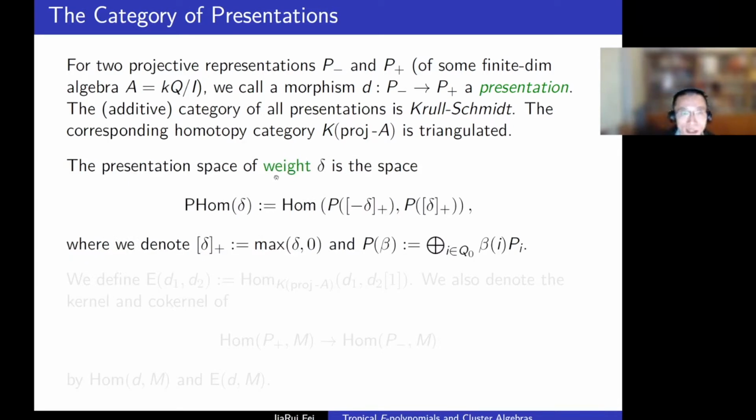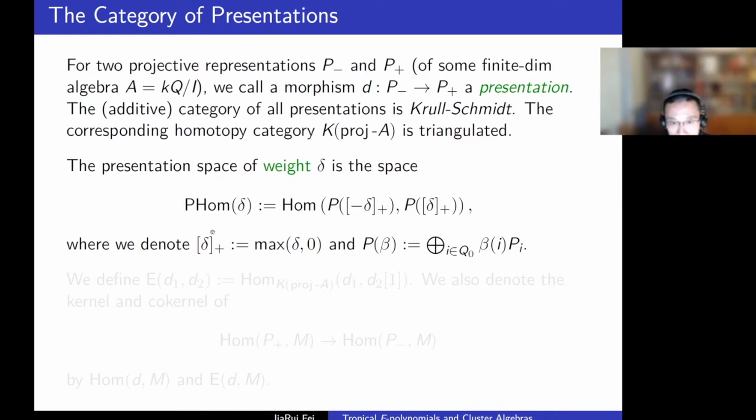Then I define the weight of a presentation space. This weight is a vector, indexed by the vertices of the quiver.